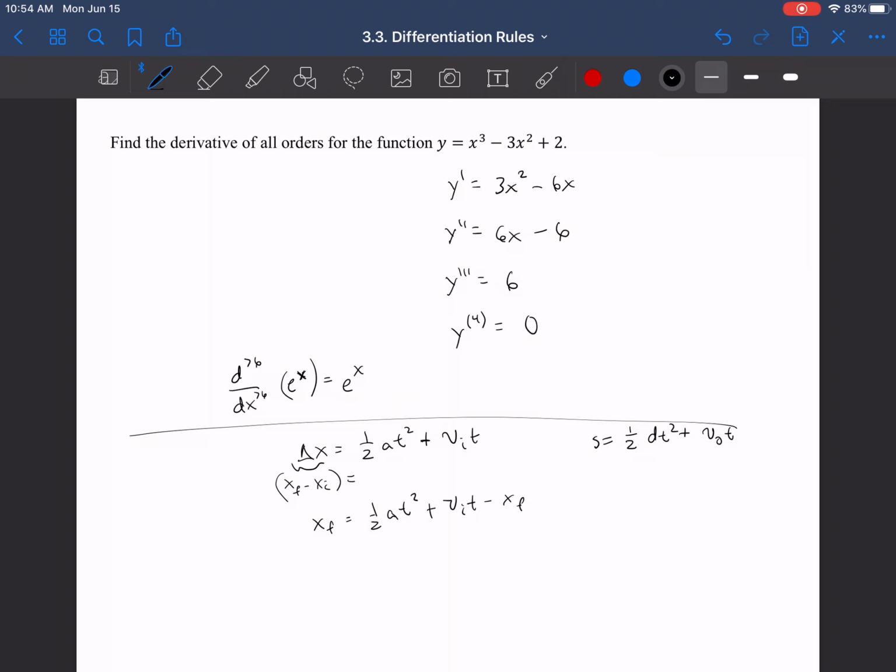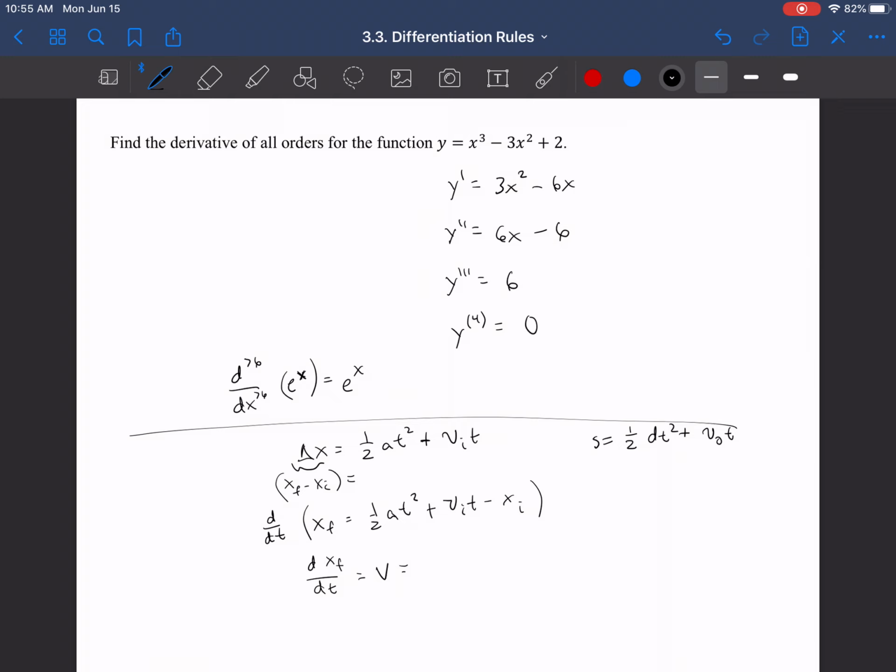Okay? If I take the derivative of this, a time derivative, d dt, derivative with respect to time, I get dx, oops, this should have been xi, starting position, sorry, xi. I get derivative of your final spot dt, which is just going to be your velocity, your rate of change of your position, equals 1/2 at squared.